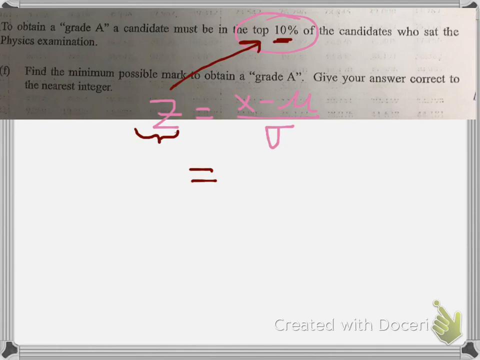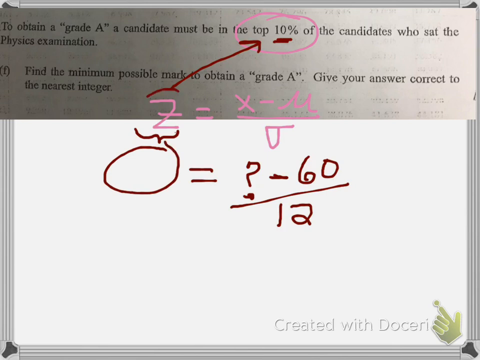So, in this case, we want to know what score do we need here. Now, I'm not going to put 10% here because this is a Z-score, not a percentage. So listen, it says top 10%, okay? So we want this on the normal distribution.